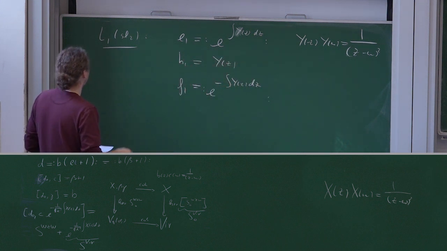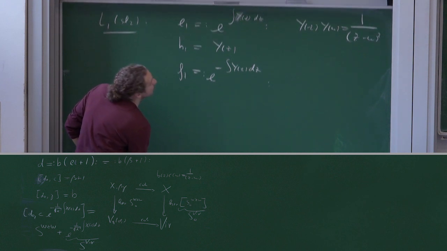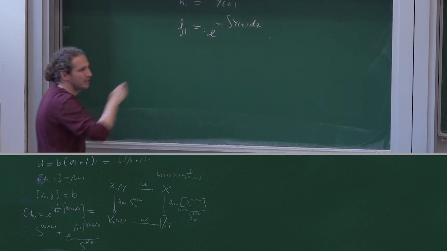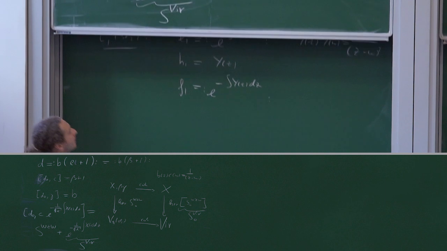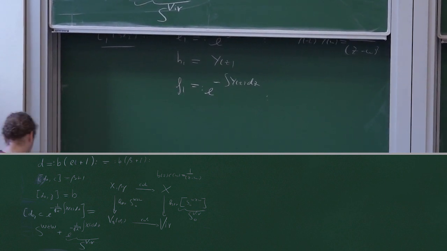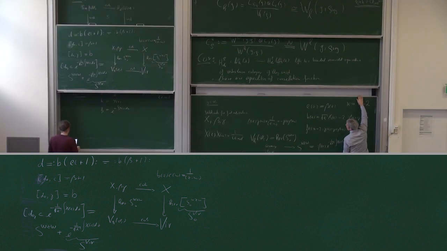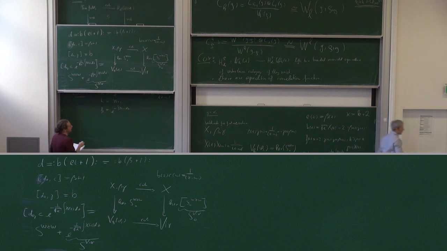And so now I want to do something similar. I want to do something very similar, the same type of idea, but now I will use the Wakimoto free field realization, and all I do is I change my differential a little bit.